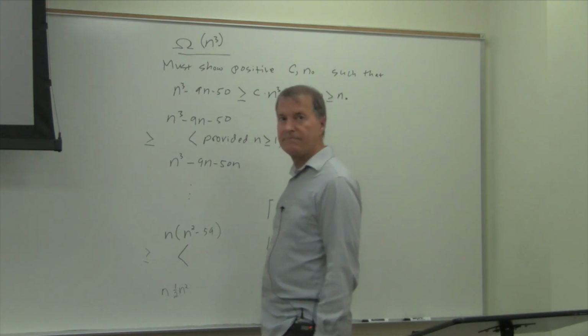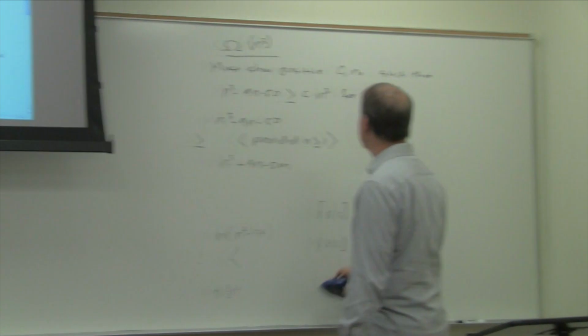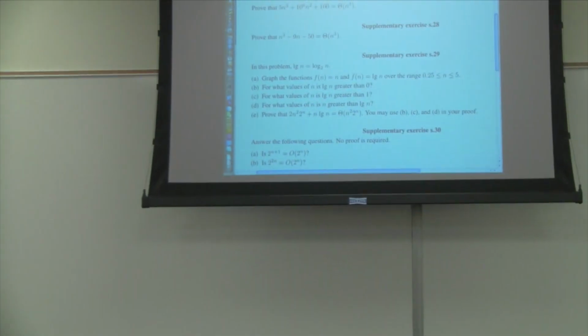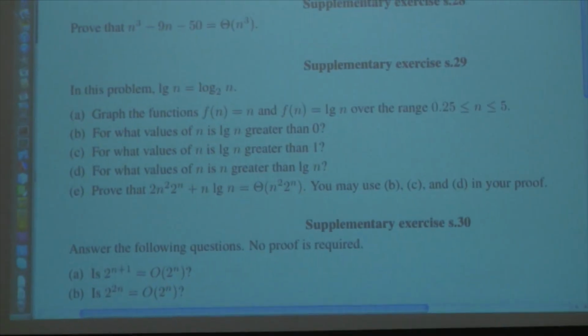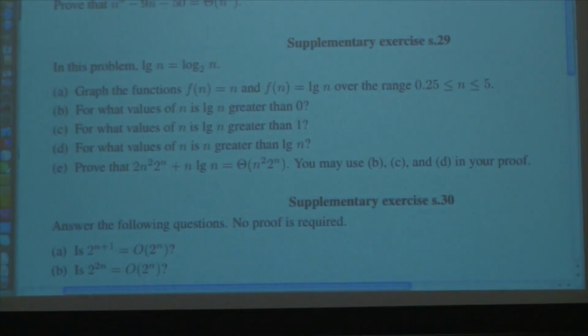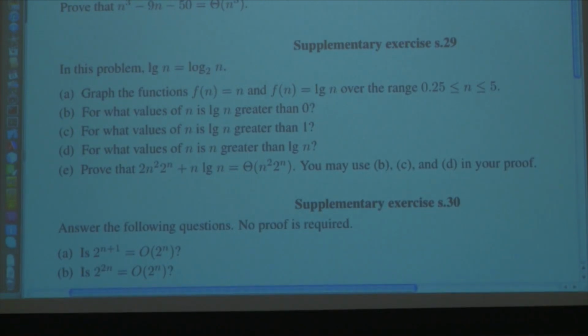Okay, are we good? Now, how about supplementary exercise S.29? By the way, I have a comment. I remember grading these. I think some people didn't actually graph their things very accurately. I challenge you to graph f of n equals log n over the range 0.25 to 5. Can you do that?